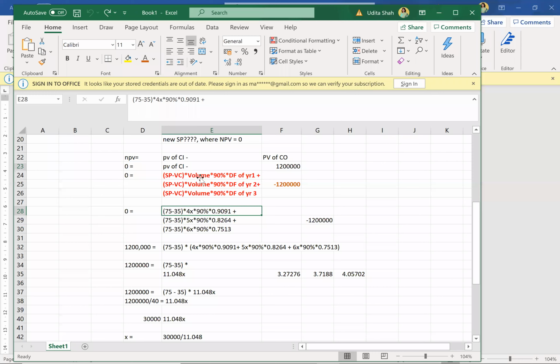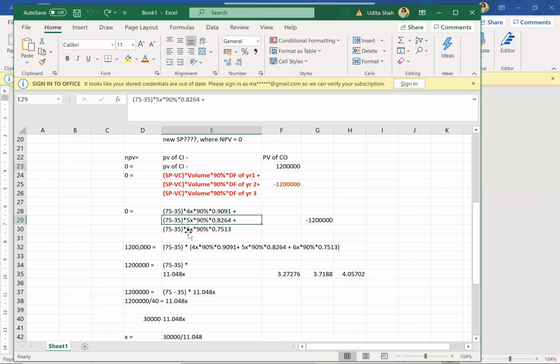Volume was 40,000, 50,000, 60,000. Instead of that, I'll not take just x, because then that ratio will change. Instead of 40,000, I'll take 4x. Instead of 50,000, I'll take 5x.